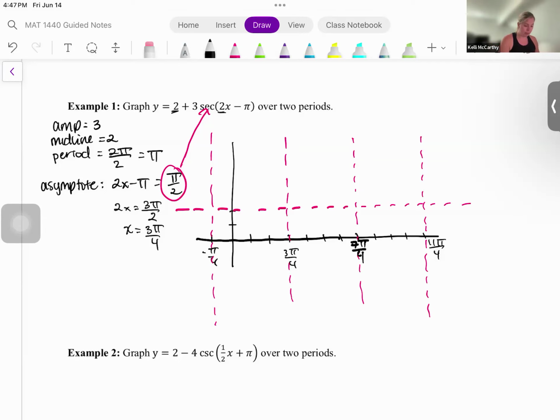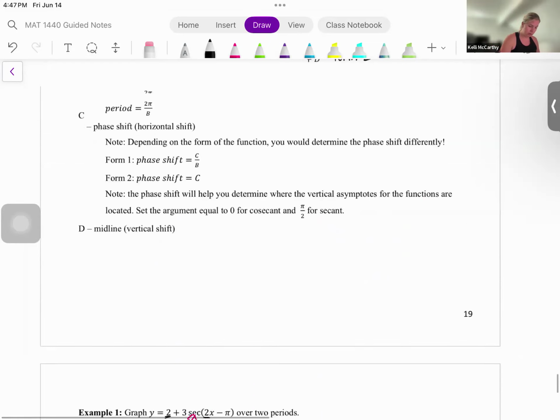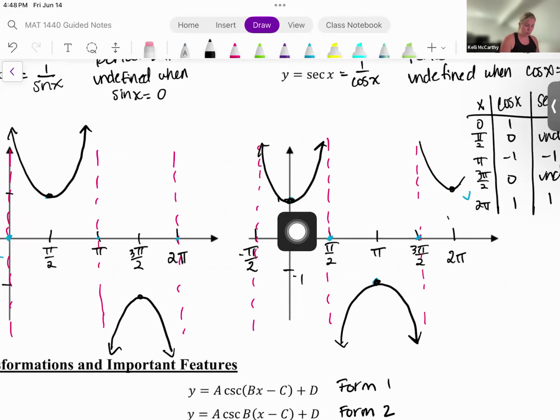Now we want to think about this in terms of that parent function. So I'm going to go back to that parent function of secant. We start at that first point, that first minimum is on that axis. What we're really doing is we've just shifted this over slightly.